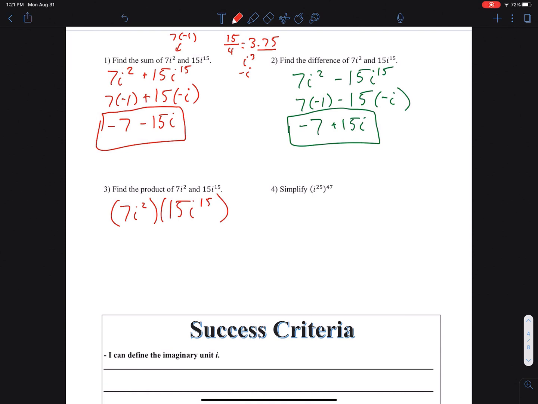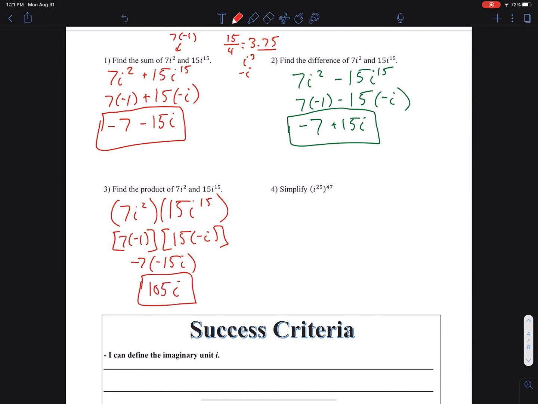So we know 7i squared is 7 times -1 times 15 times -i. We would get -7 times -15i. So -7 times -15 would be positive 105i. And you could have also done it just by multiplying 7 and 15 and then adding the exponents on the i to get i to the 17th. I don't know if you guys did that watching this, but you would still get 105i.